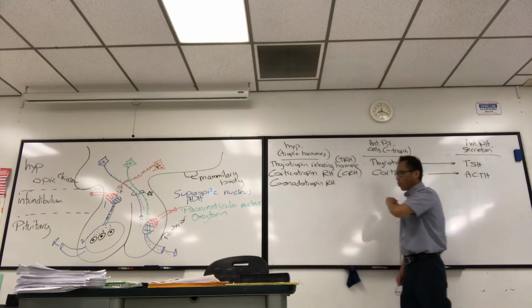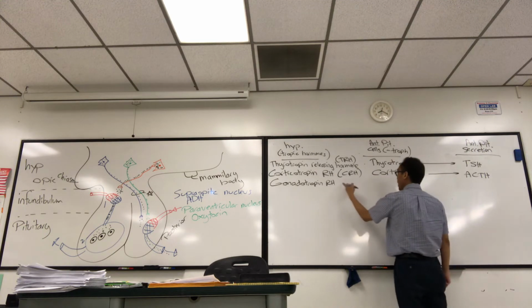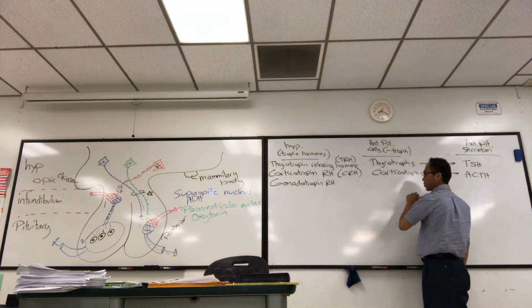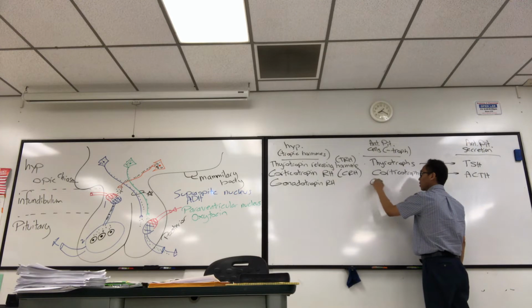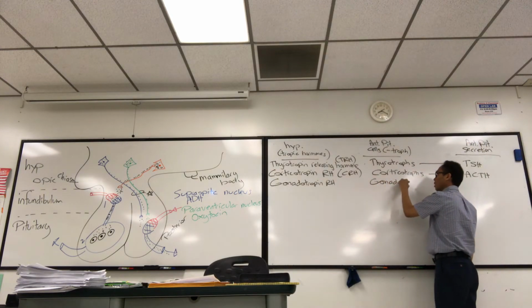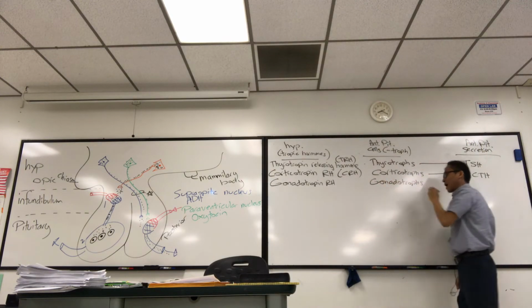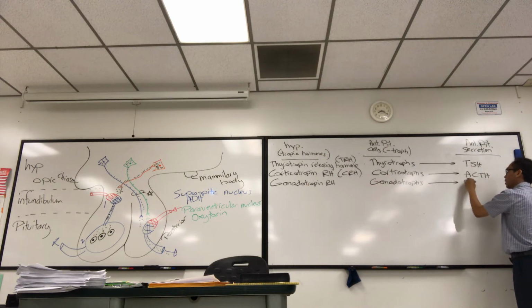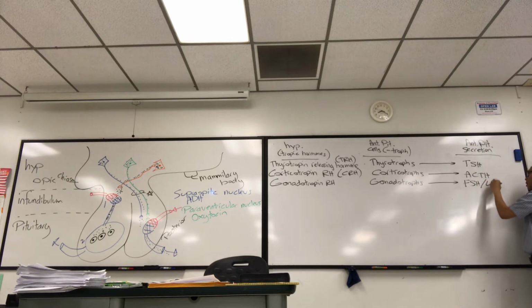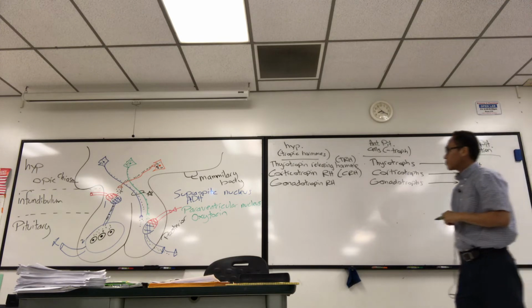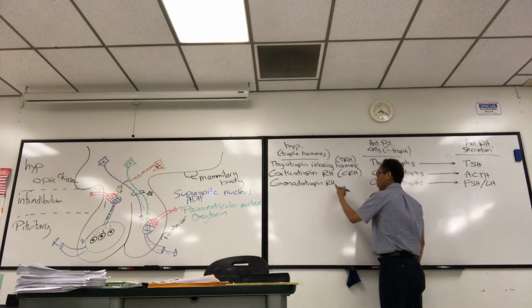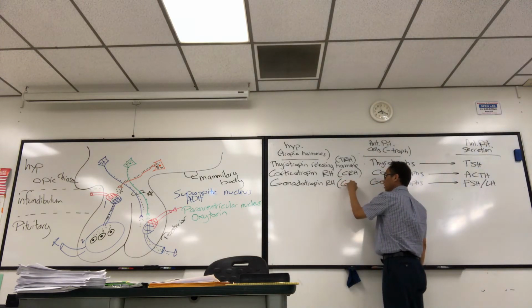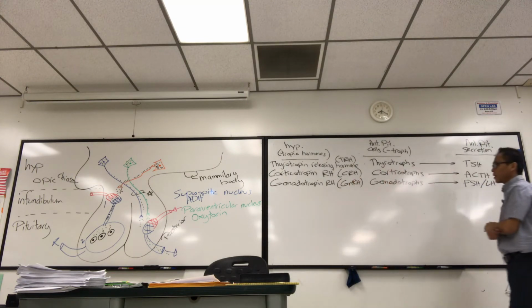That is using the portal system. And when it gets to the anterior pituitary, it will stimulate cells called gonadotropes. And then gonadotropes will in turn secrete your gonadotropins, FSH and LH. You can abbreviate gonadotropin-releasing hormone, capital G, small n, capital RH. GnRH, basically.